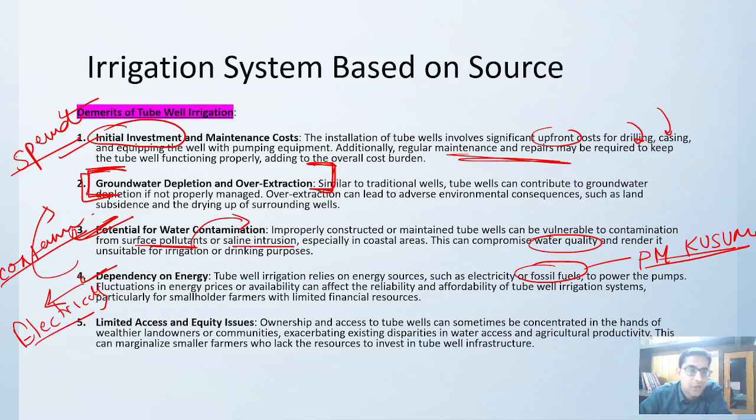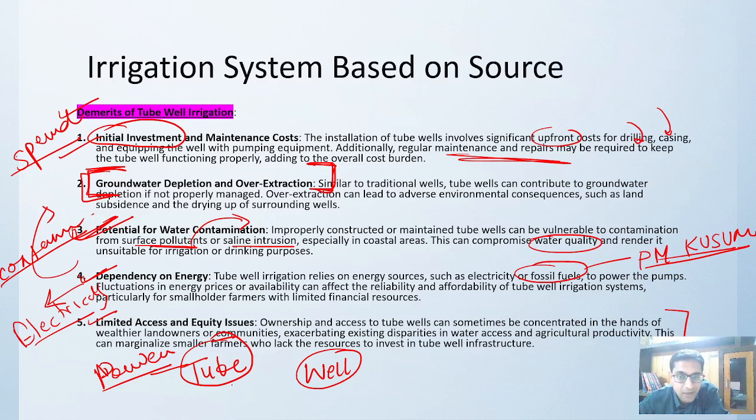Okay, then limited access and equity issue. Obviously the person who has a tube well and the person who has only a well, the tube well person will be much more powerful in the agriculture field, because he or she will be utilizing it at will with the power, and his field will get more extra water at the cost of the person who is utilizing the well during that time.